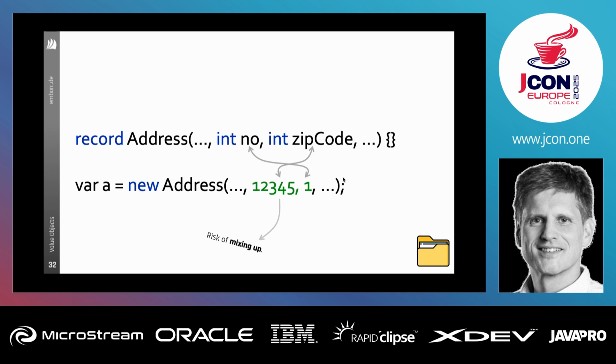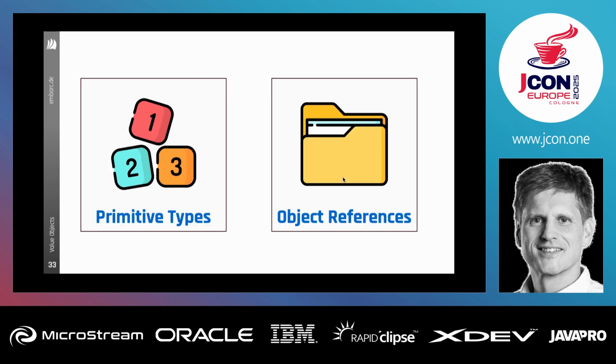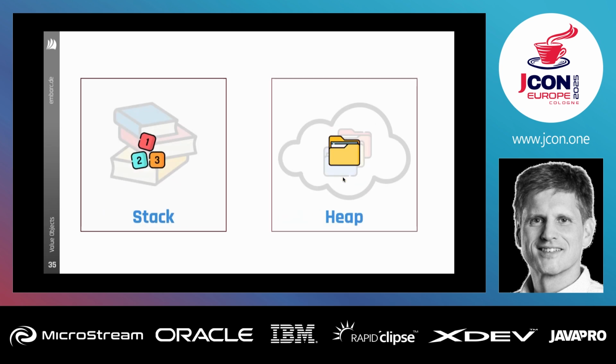So that was a quite easy example, and let's go a bit deeper. We already saw there are the primitive types and the object references. The primitive types are actually stored on the stack, and there's another place in the JVM where information is stored.